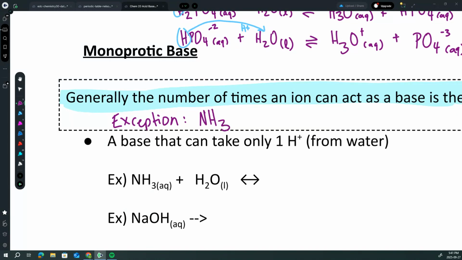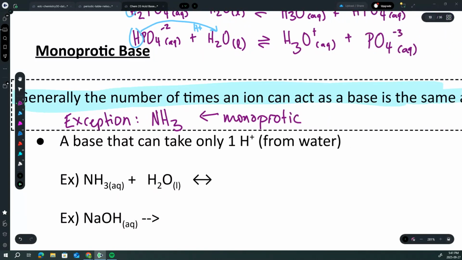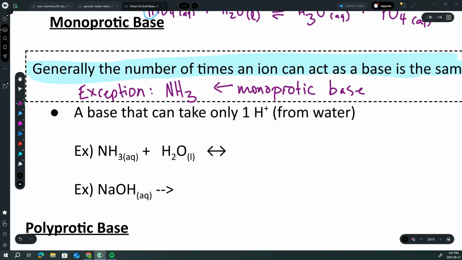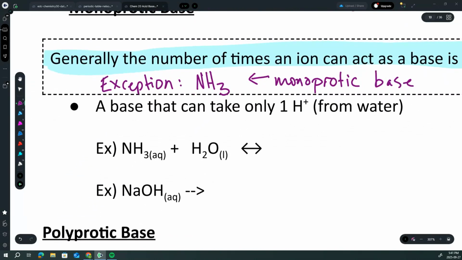So ammonia, this is a monoprotic base. So what that means, mono means 1, protic means proton, base means it accepts the hydrogen. Okay, so ammonia acting as a monoprotic base here.